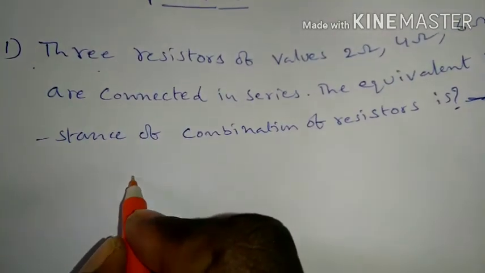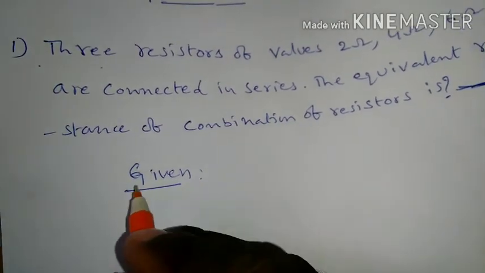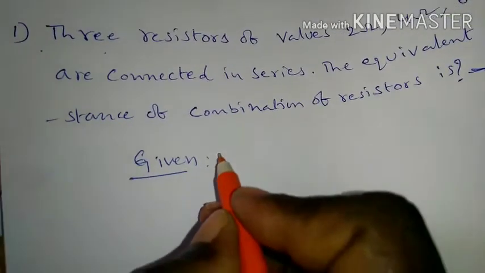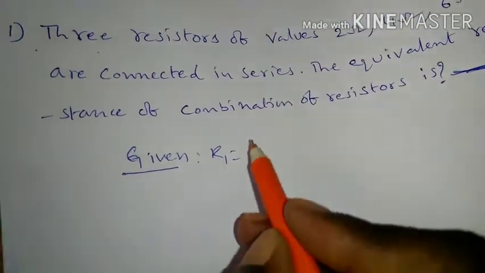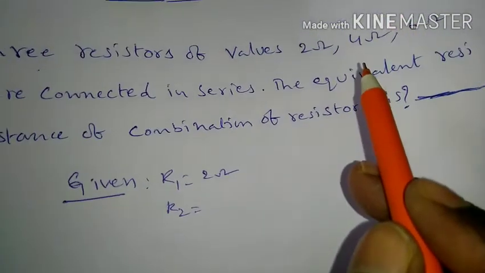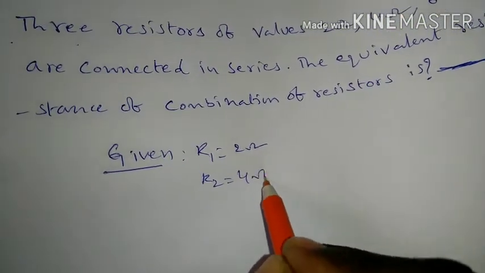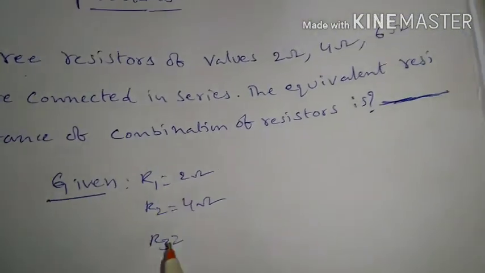First, given data. R1 is equal to 2 ohms. R2 is equal to 4 ohms. R3 is equal to 6 ohms.